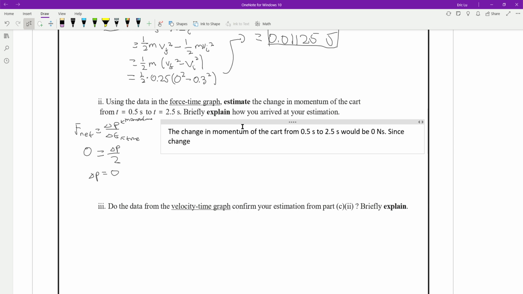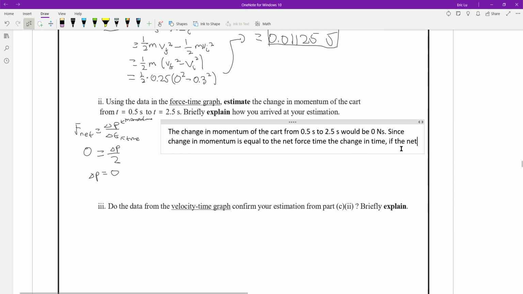Since change in momentum is equal to the net force times the change in time, as you can see here, if you just rearrange it, delta P equals F net times delta T.